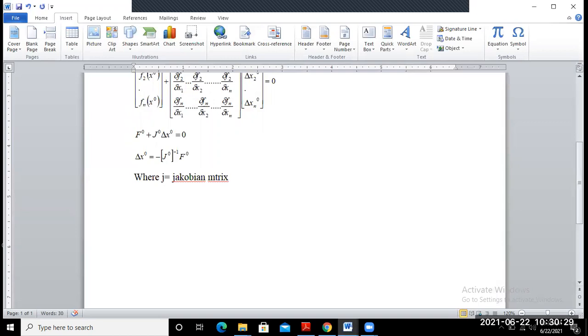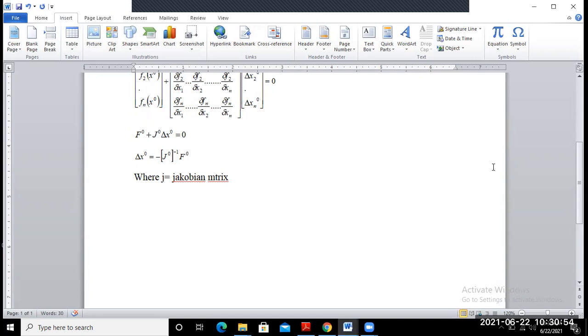So the value of x1, that means the first iteration, is x1 equal to x to the power 0 plus del x to the power 0. That means add the correction factor to the initial guess value.